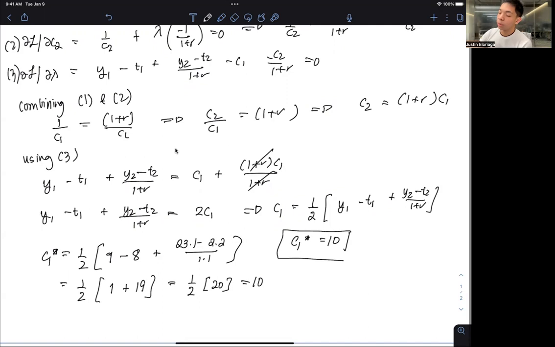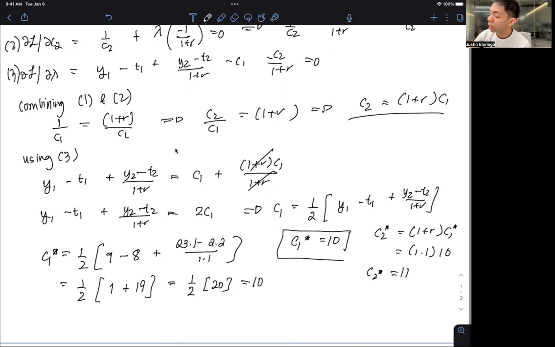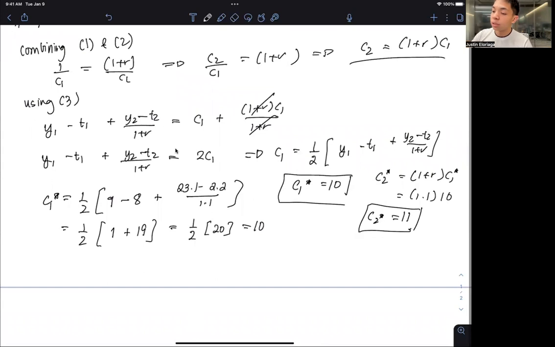So we have C1 star now. How do we get C2 star? Well, that's simple. You know that C2 is equal to (1 plus R) times C1 based on this, right? So C2 star is equal to (1 plus R) times C1 star. So 1 plus R is 1.1 times 10, meaning C2 star must be equal to 11, right? So that's C2 star. We're not done with this question yet. We need to compute national savings. Well, national savings, S^nat in period 1, is equal to Y1 minus C1 minus G1, right?